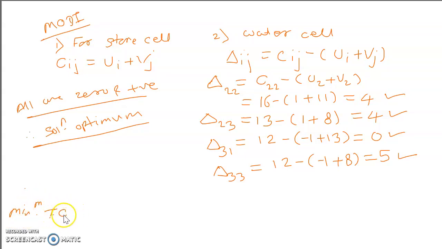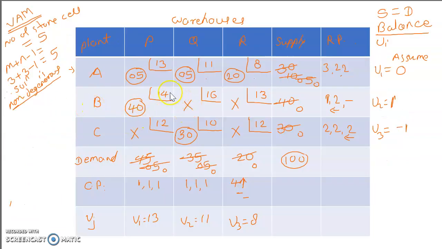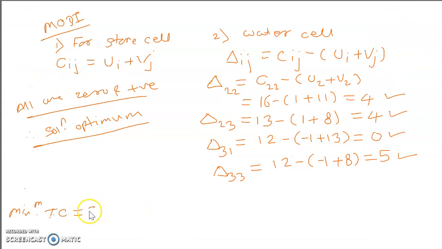The minimum transportation cost is equal to, you just go to the previous slide. In the first cell, the allotment is 5, cost is 13. So 5 into 13.